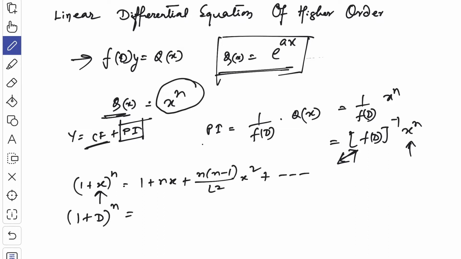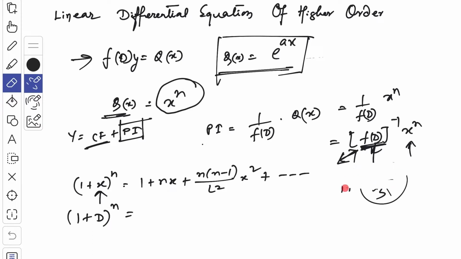It depends on the form of this f of D. So we are going to express this f of D as a binomial. It may take a form like 1 plus D square minus 3D by something in some equations. Then we are going to consider this one as x. That's how we will proceed.